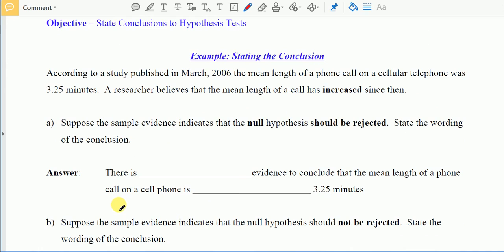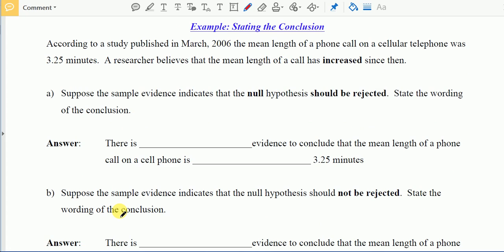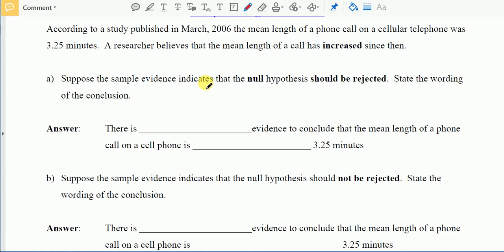Okay, let's try to finish the last one, where we state the conclusion to the hypothesis test. According to a study, again the same example, the mean length of a phone call on a cellular phone was 3.25 minutes. Now, that researcher again believes that the mean length of the call has increased. Suppose that the sample evidence indicates the null hypothesis should be rejected. State the wording of the conclusion.